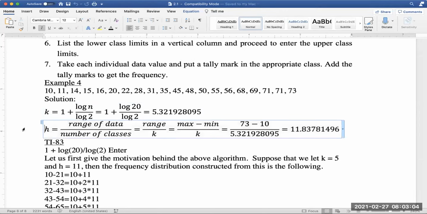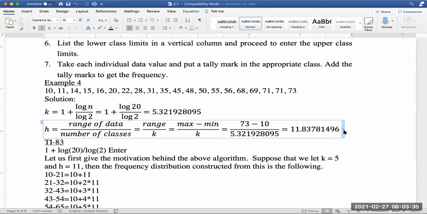We then determine the size of the classes, H, to be the range of the data, 73 minus 10, divided by the number of classes, which is that 5.321928095, to get 11.83781496.